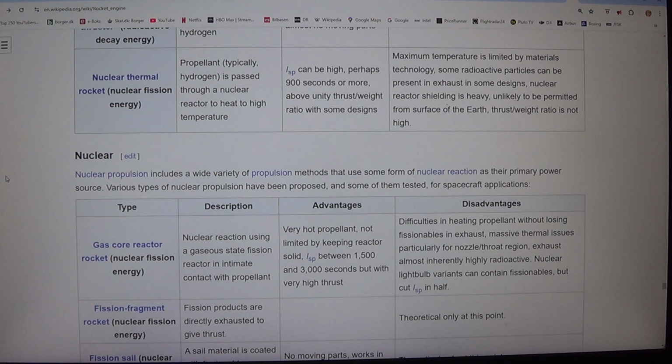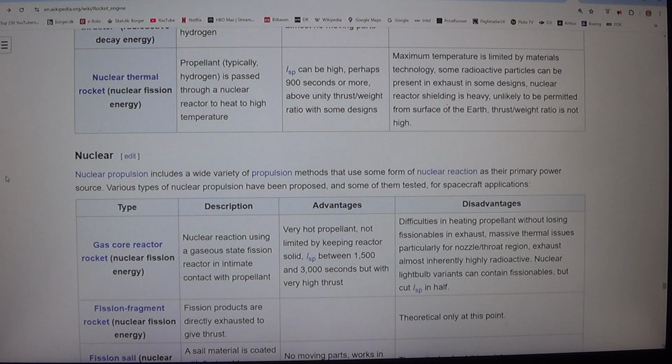Nuclear thermal. Type, description, advantages, disadvantages. Radioisotope rocket / Poodle thruster, radioactive decay energy. Heat from radioactive decay is used to heat hydrogen, about 700-800 seconds. Almost no moving parts, low thrust / weight ratio. Nuclear thermal rocket, nuclear fission energy. Propellant, typically hydrogen, is passed through a nuclear reactor to heat to high temperature.